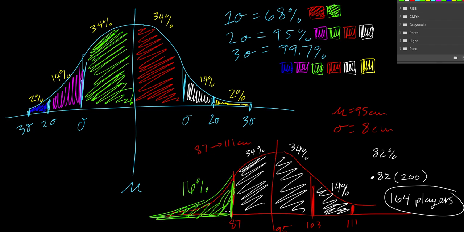And we can see on this diagram that corresponds to 87. So once again, I just took these. 14 plus 2 is 16, and that's essentially everything because this percentage right here is so small. And so approximately an 87 centimeter chest measurement is what 16% is going to line up with.